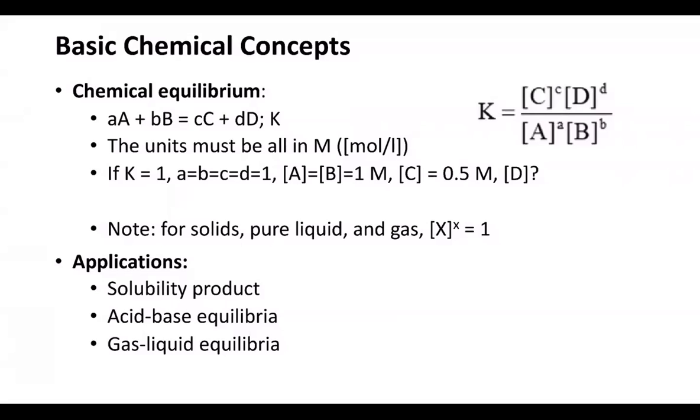Okay, so for example, if we have this reaction here, a number of A reacting with b number of B to form c number of C and d number of D. The way people define this final state is by creating a number called the equilibrium constant.